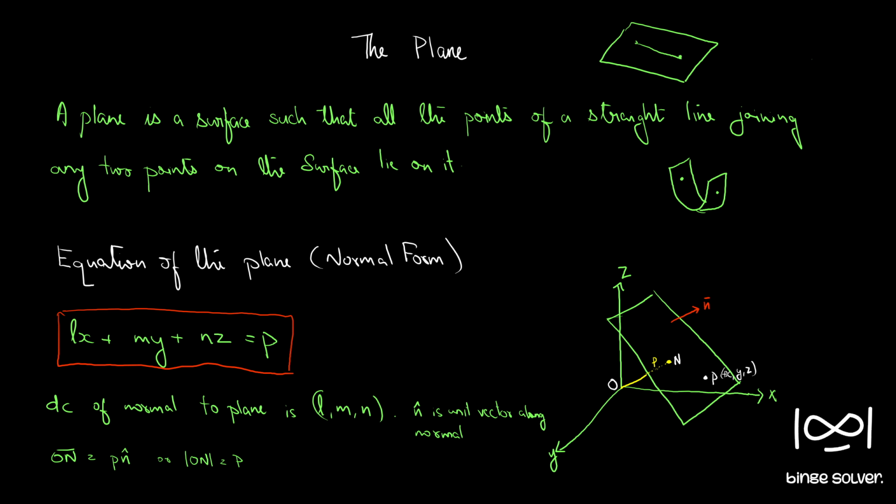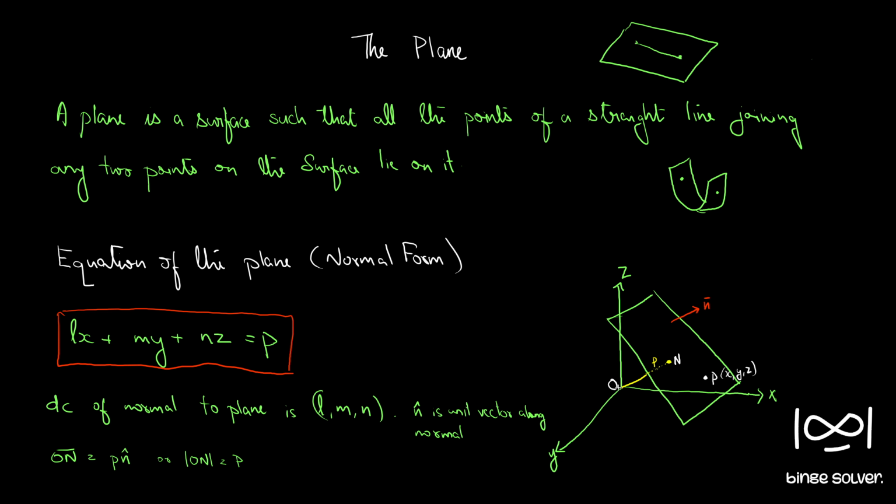P be any point on that surface, and we have the normal to the plane as N, where N is a unit vector. So if this is the case, the direction cosines of this normal will be L, M and N, and P is the distance from origin to the plane.